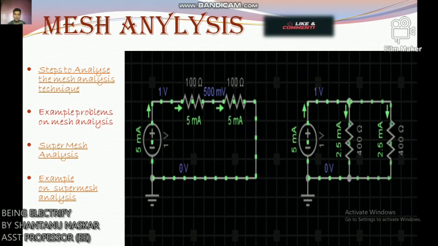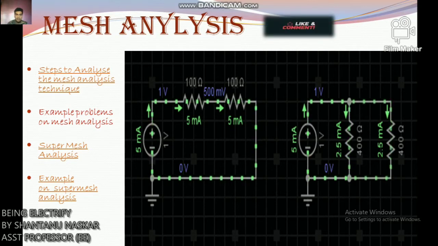Therefore, to find the variable of a branch in such a circuit, nodal and mesh analysis methods are used. By using these classical methods, circuit variables like voltage and currents are easily determined in any branch without great difficulty.